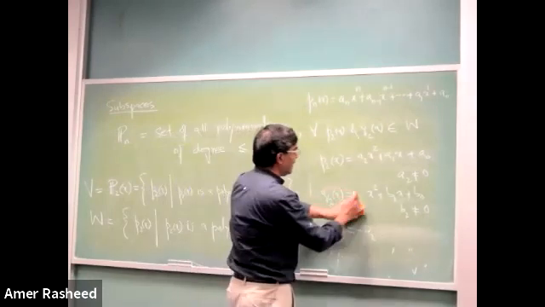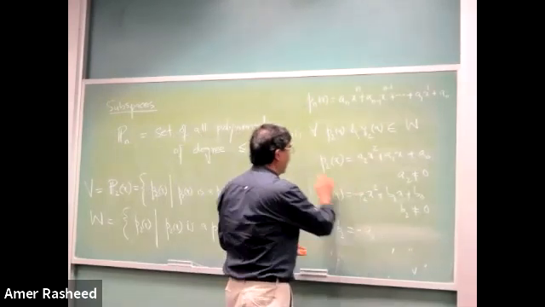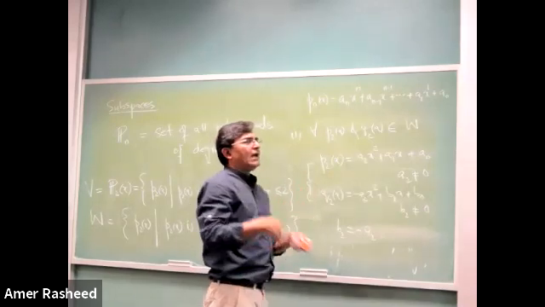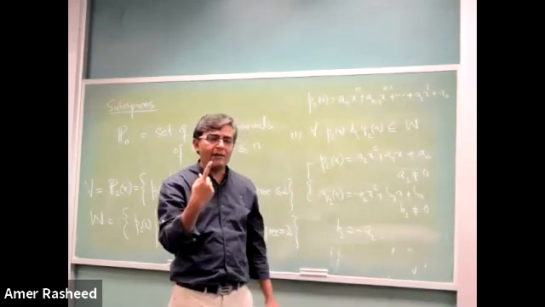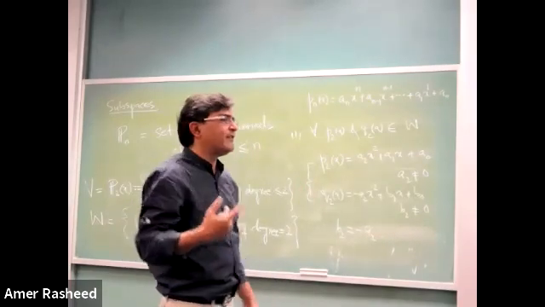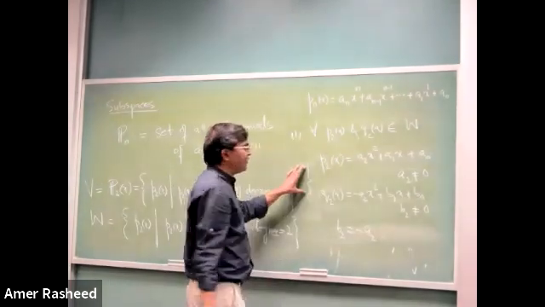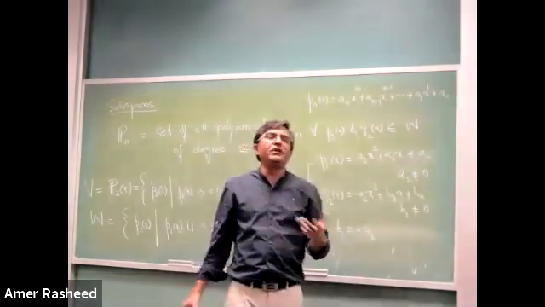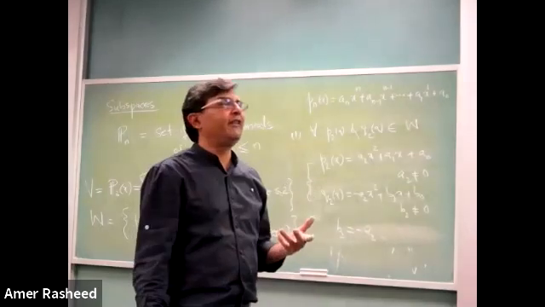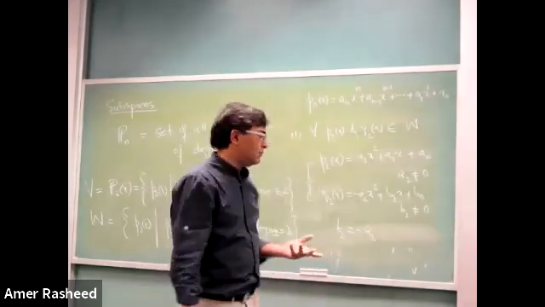If we choose negative A2 here, then the sum of these two polynomials will be what? A polynomial of degree 1. Or you can say that the sum of these two polynomials is not a polynomial of degree 2. It can be a polynomial of degree 1, it can be a polynomial of degree 0 as well.